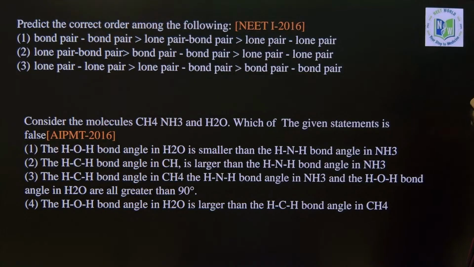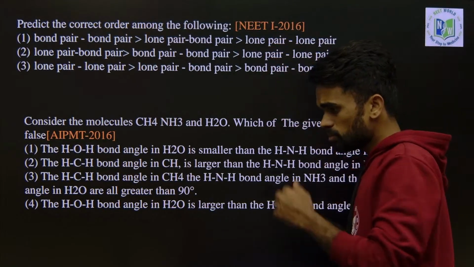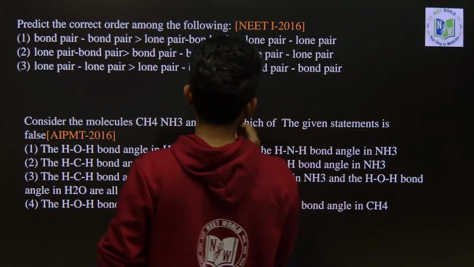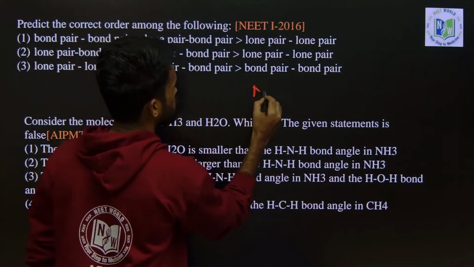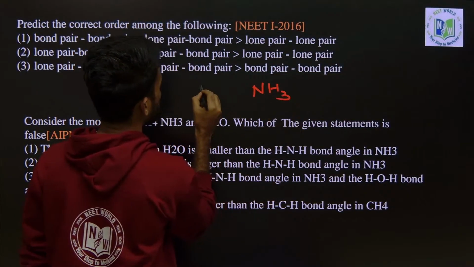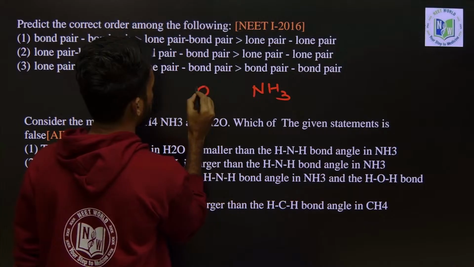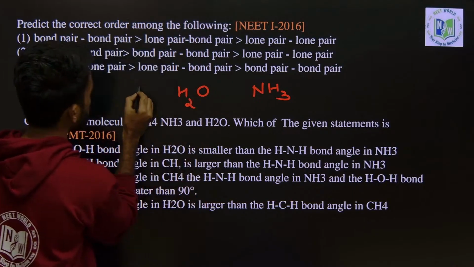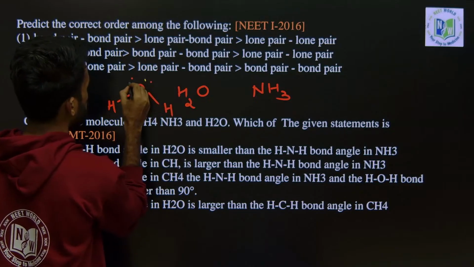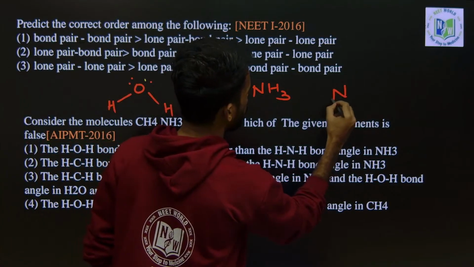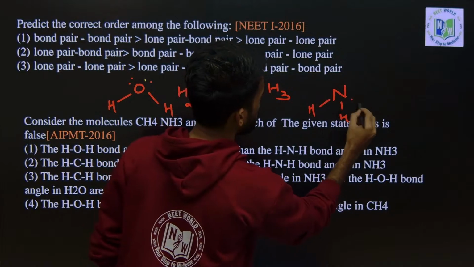A few more questions will be there here. Sometimes on a molecule, like in the previous session, I have taken the NH3 molecule and the H2O molecule. In H2O we have 2 bond pairs and 2 lone pairs, and in ammonia we have only 1 lone pair, the remaining 3 are bond pairs.